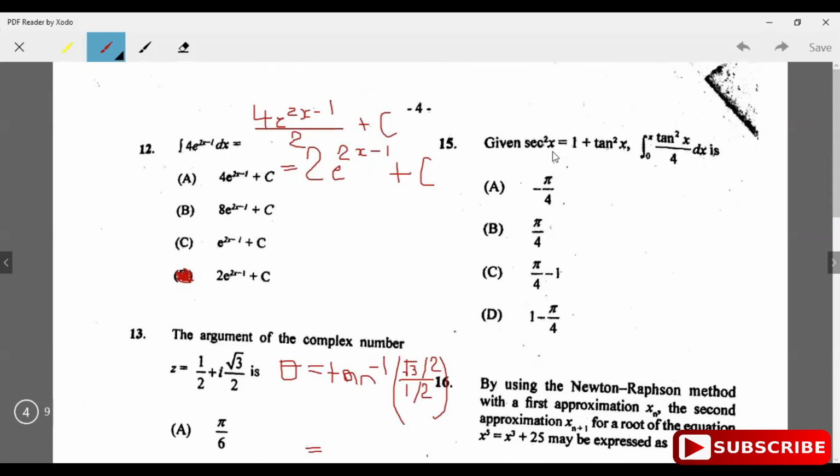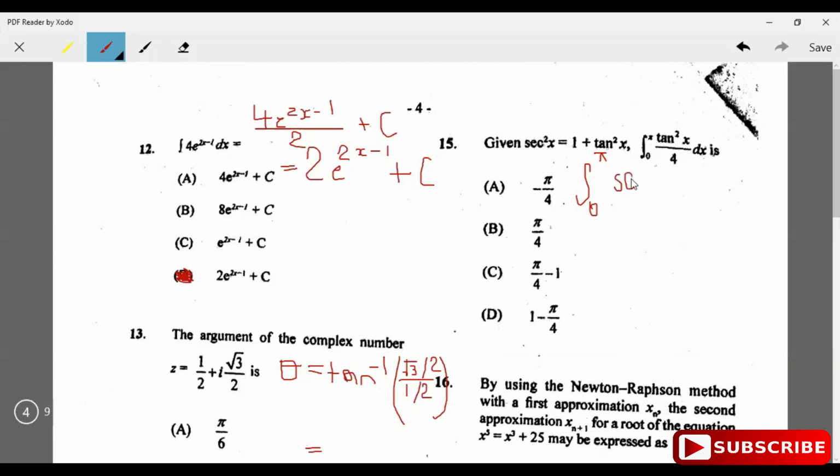Question 15, it says sec square x is equal to 1 plus tan square x. And then it wants us to evaluate the integral of tan square x divided by 4. Now the integral of tan square x divided by 4 is going to be equal to the integral from 0 to pi. First of all, tan square x is going to be equal to sec square x minus 1.